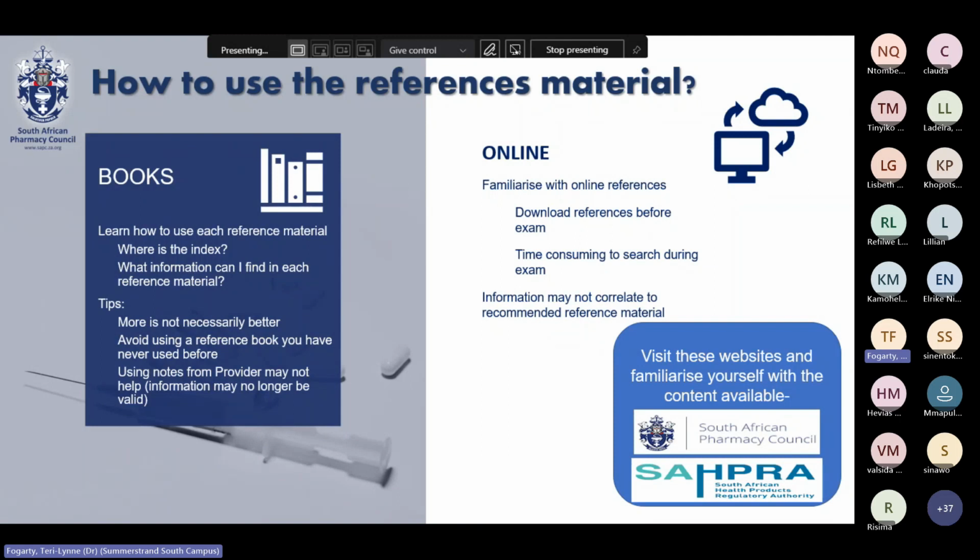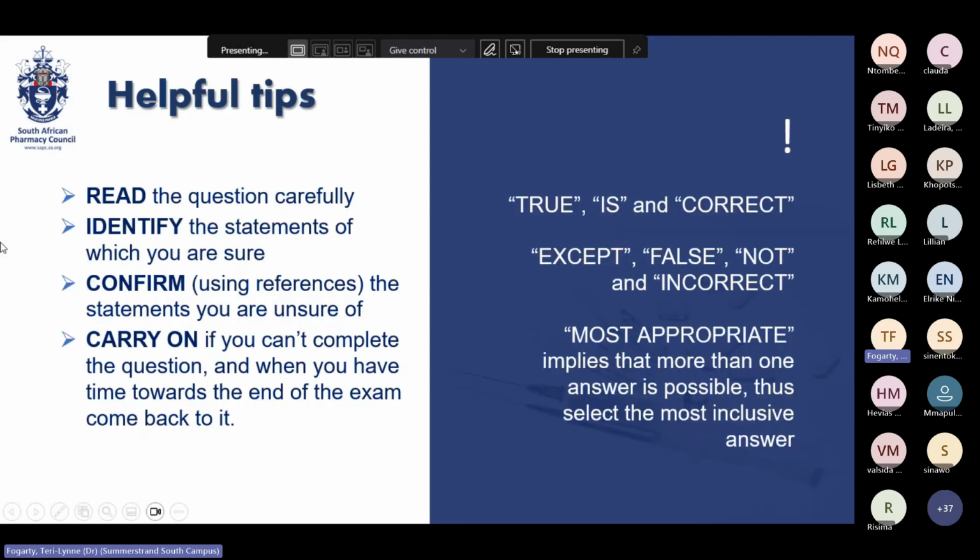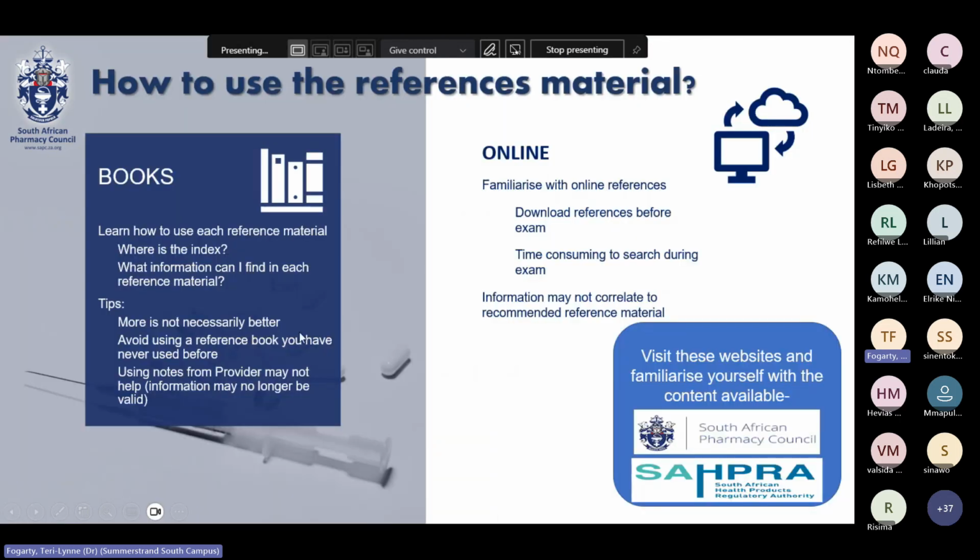And so you need to have been through the work, understand the work, and if you're using a textbook or a document, you need to know what information is contained within that document. What information is in this document and how will it help me in terms of this question?